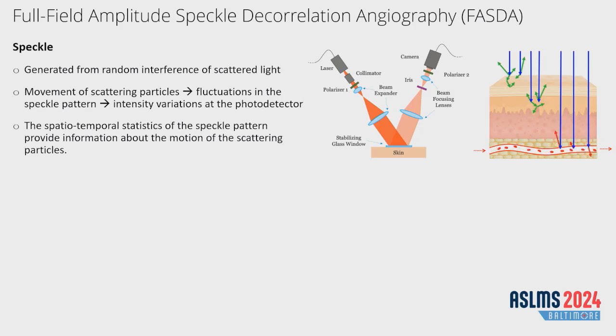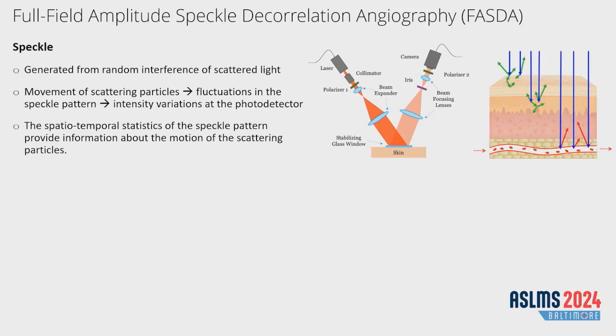When we have a coherent light source, like a laser, that illuminates a tissue, like the skin, some of the photons get absorbed, some of them get scattered, and speckle is generated from the random interference of the light that is backscattered. If we have a camera, as shown in the drawing, we can record the speckle pattern generated from the backscattered light.